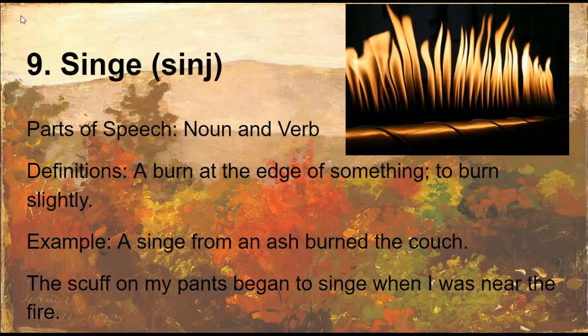And it's also a verb, so it's an action, and that action is to burn slightly. So you're just starting to burn something, but not completely burning it. Example: a singe from an ash burned the couch. Another example: the scuff on my pants began to singe when I was near the fire. So again, you need both parts of speech, both definitions, and one of the two example sentences.